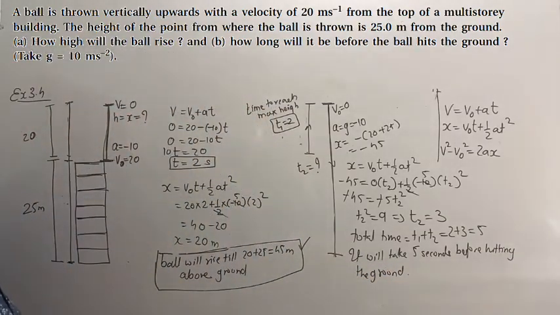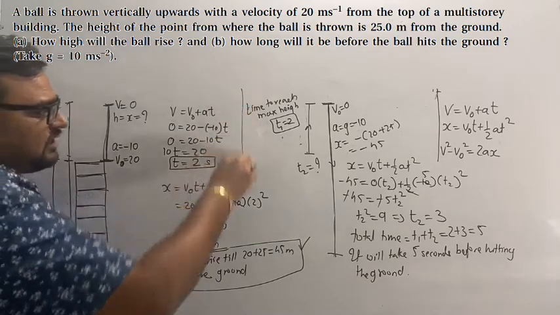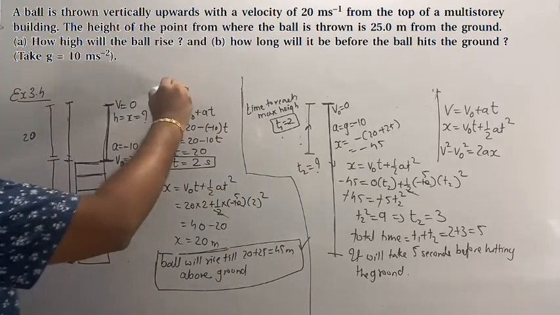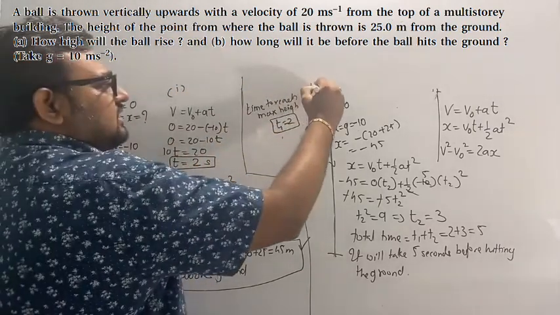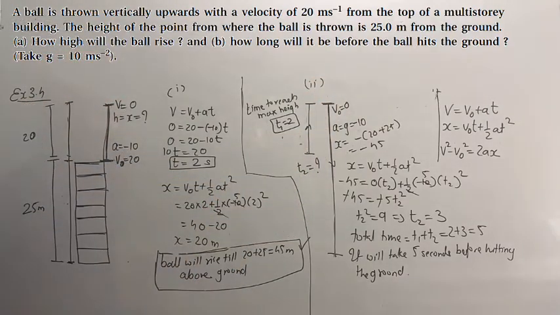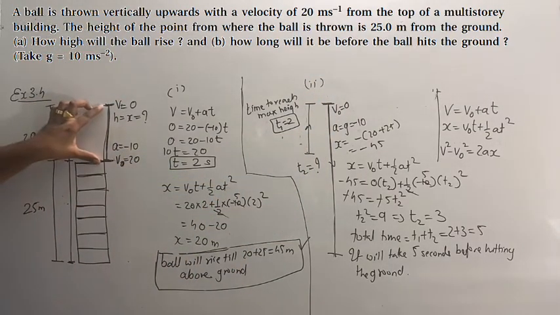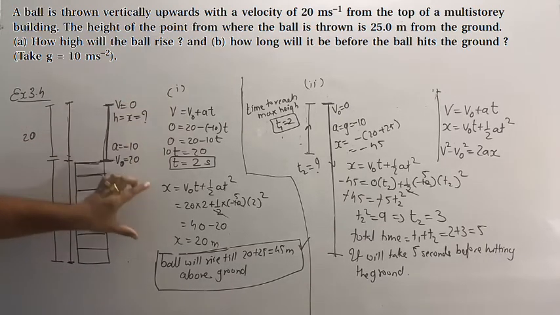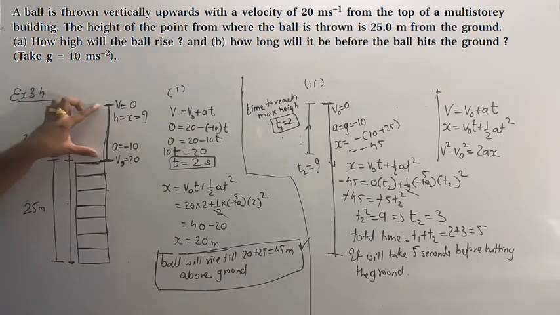Okay, clear? So let me revise what I did. I split it into two parts. This was the first part, and this was the second part. In the first part, I just took this much: initial velocity, final velocity, acceleration. First I found out the time, and using the second equation, I found out the x. So the total height was 20 plus 25.